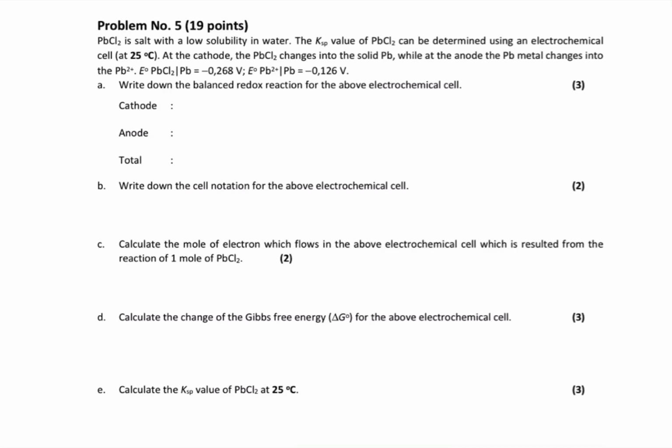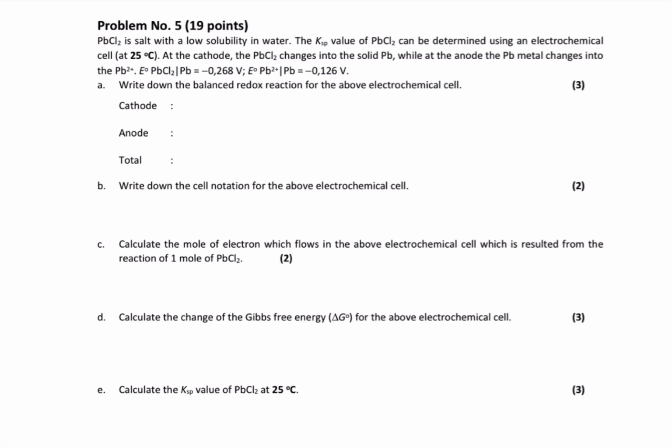Okay, let's take a look at this question. So here we have lead chloride, which is a salt having low solubility in water, and the value of the solubility product of lead chloride can be determined using an electrochemical cell at 25 degrees Celsius.